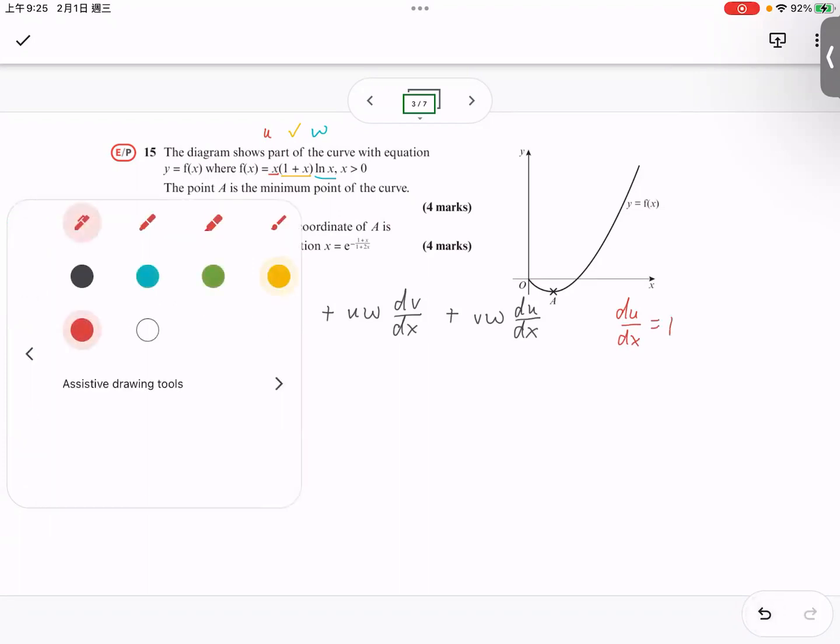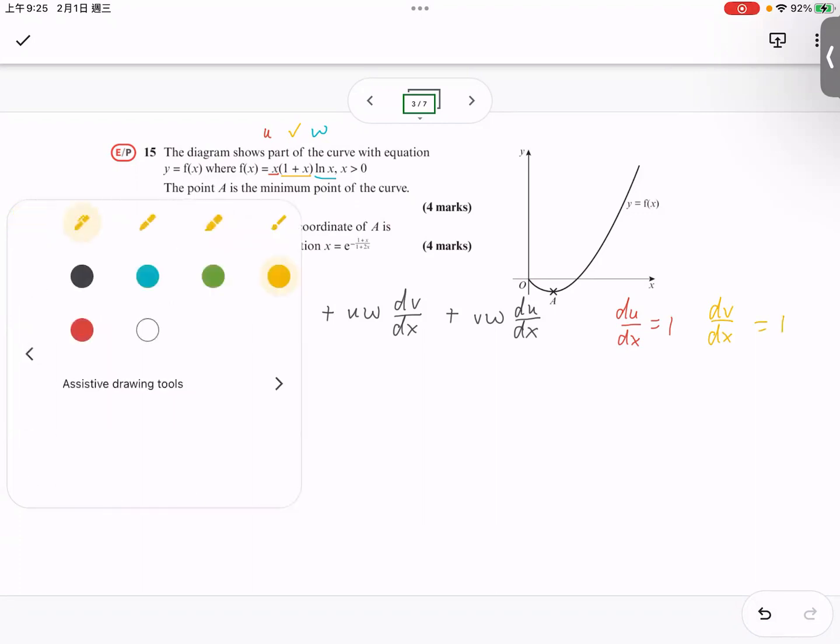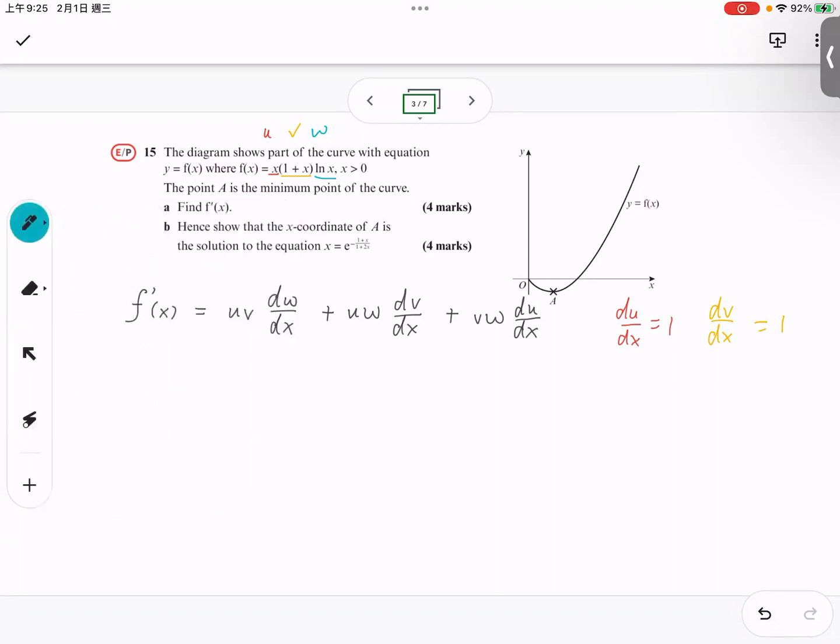And for dv/dx, luckily, since this is 1 plus x, this is 1 again. And for dw/dx, that will be the derivative of natural log x, that means that is 1 over x. Okay, now we will change it one by one.